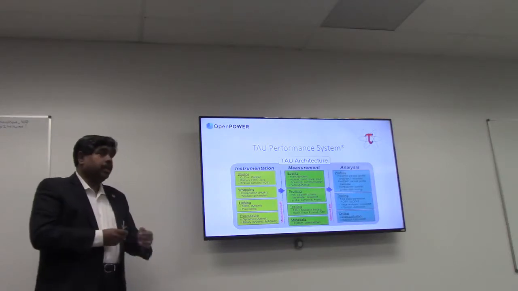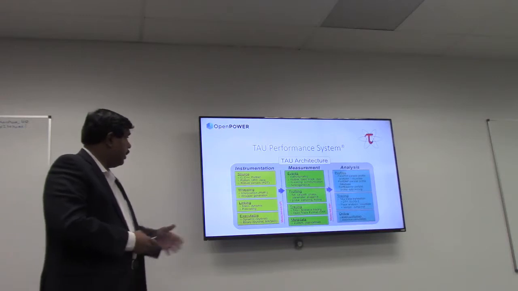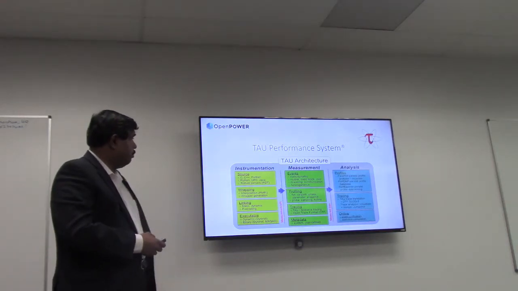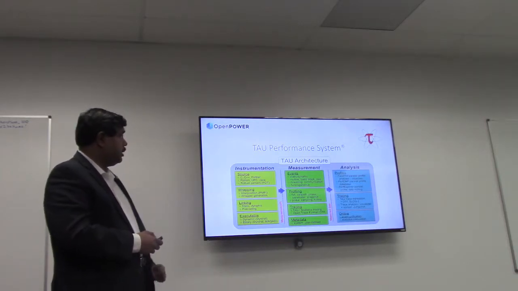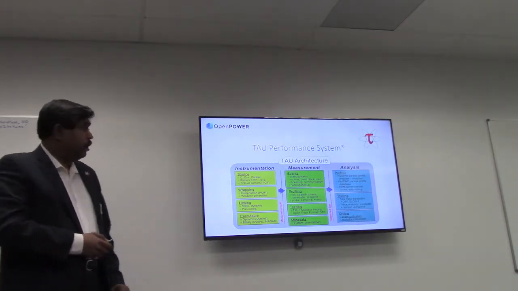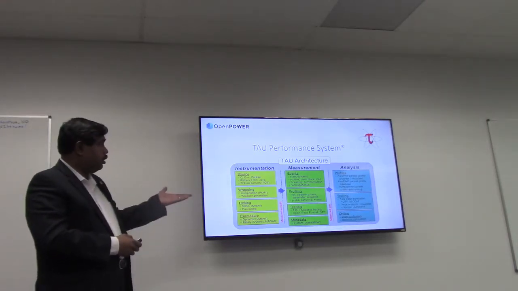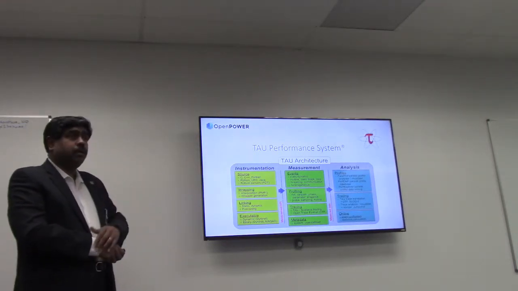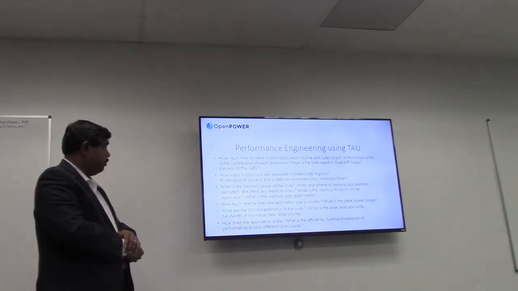We can even rewrite binaries or instrument the code while it's running. We have support for measurements with profiling and tracing, and then finally we generate data that's analyzed using our tools, Ampere, ParaProf, and PerfExplorer, and it also exports to other third-party tools such as Ampere using OTF2.